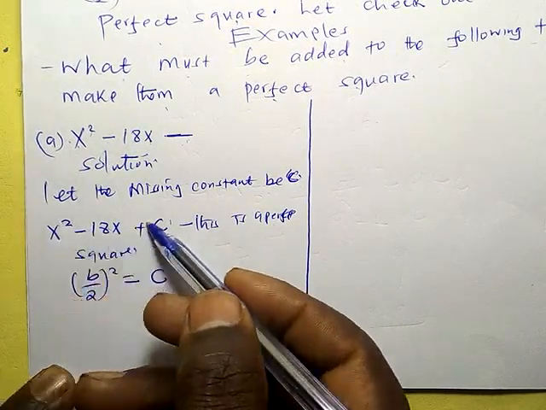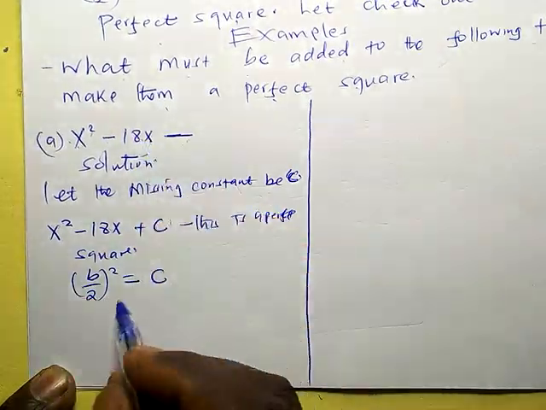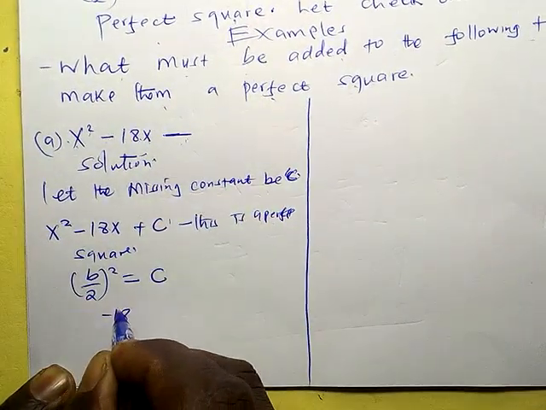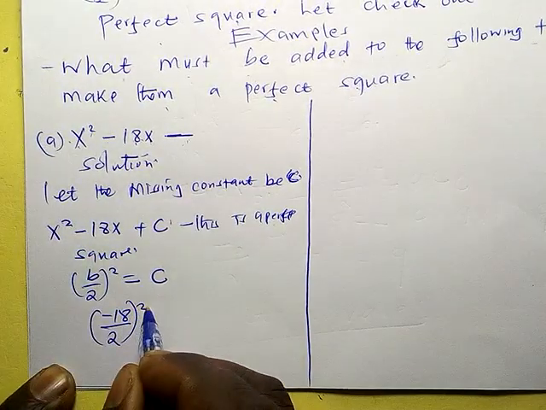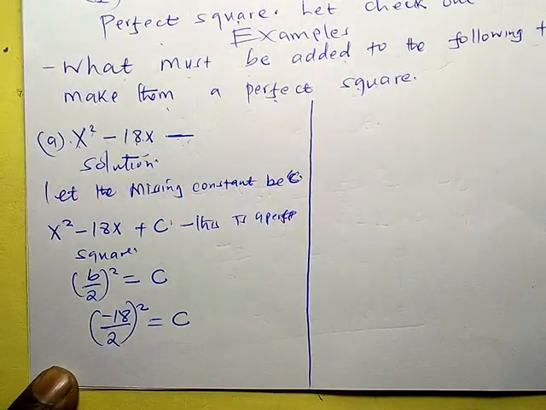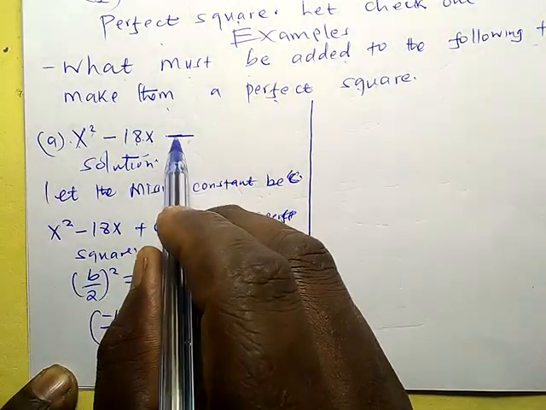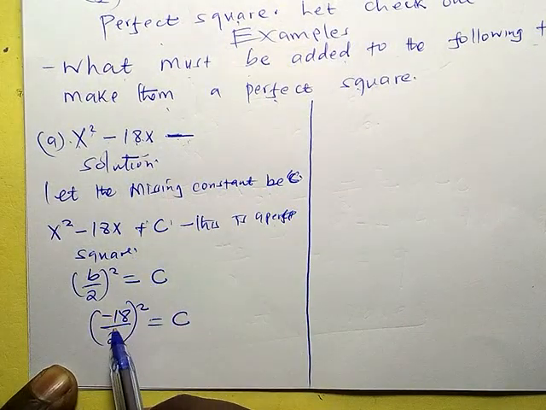In our question here, we have b, right? So our b is negative 18 divided by 2, squared. This one should be c, the one we are looking for, right? Now, whether this is negative or positive, it will be obtained from here.